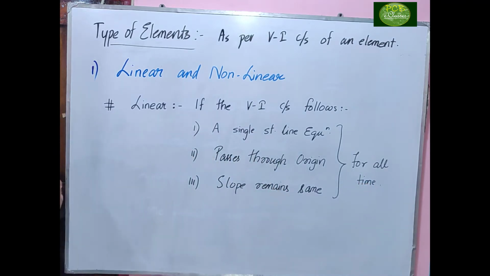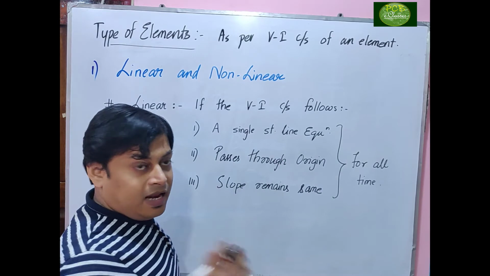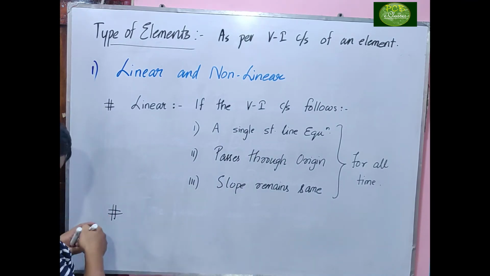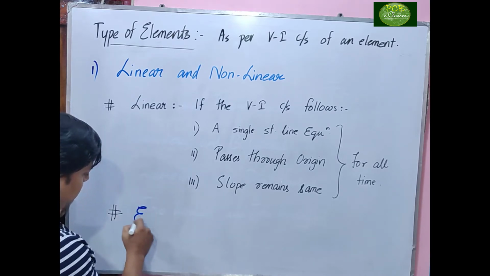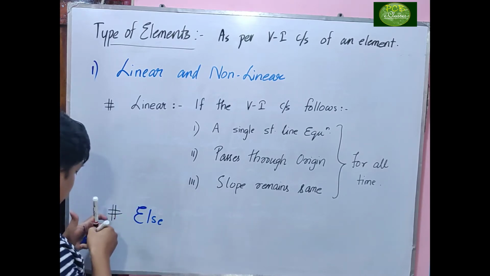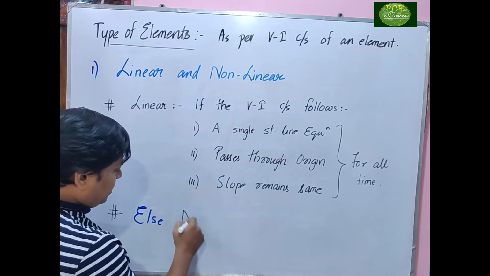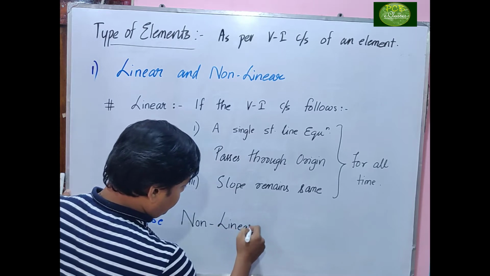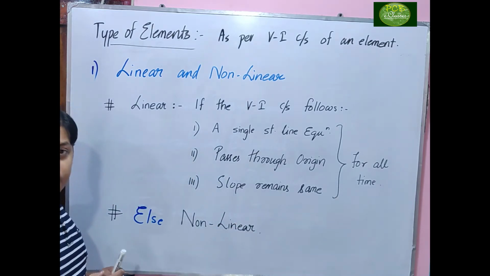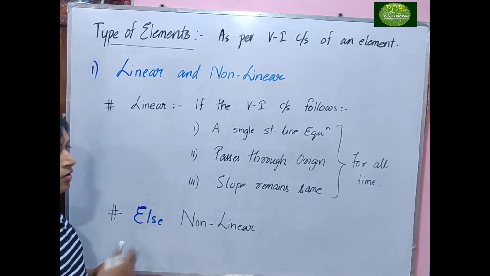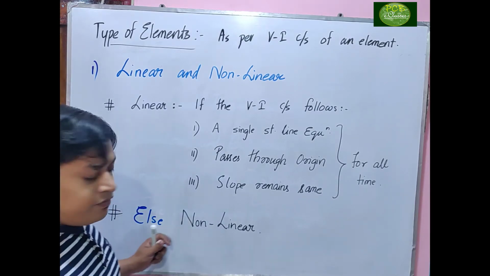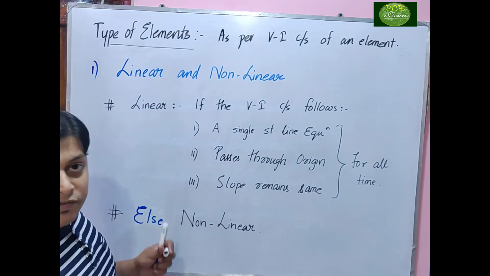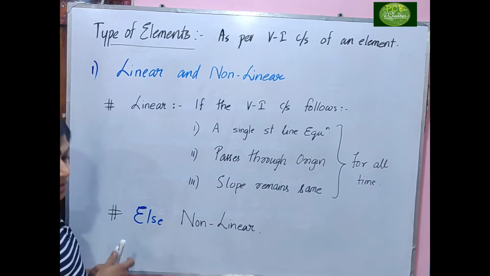Then only the element will be said as linear, else, well, write down this one, else non-linear. We'll see with the example. In the VI characteristic, we will be seeing which one is linear and which one is non-linear. Right? Let us move to the examples.